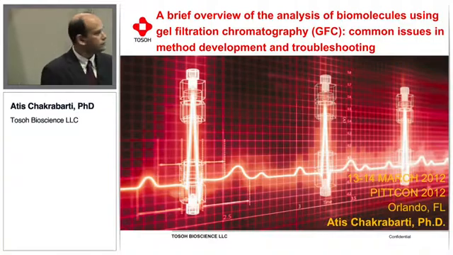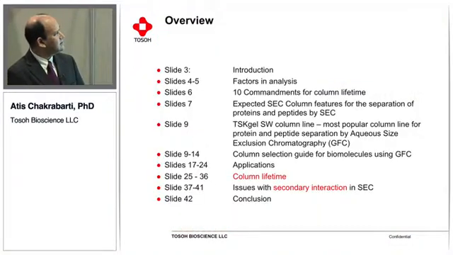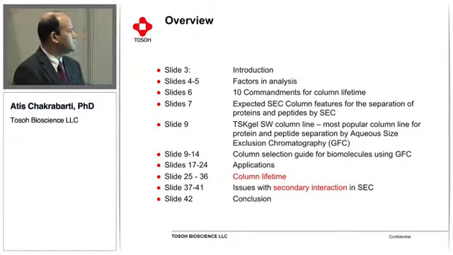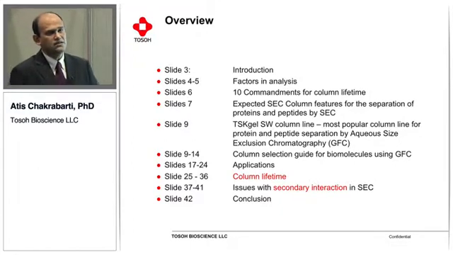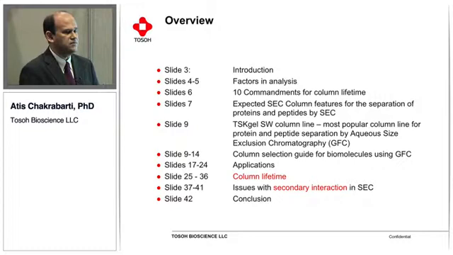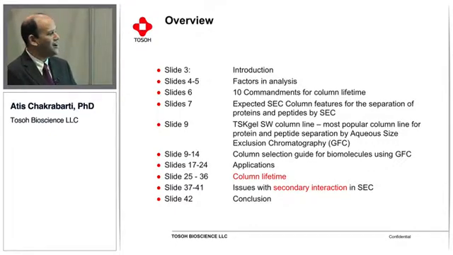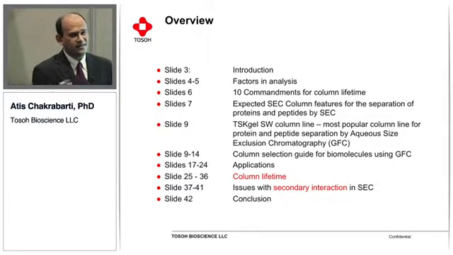Next slide, please. Next slide shows the overview of how the talk will go. So I'll introduce the TSKGL different types of columns available. Then what are the factors when we do a chromatographic analysis, and I found this particular one in an LCGC article.